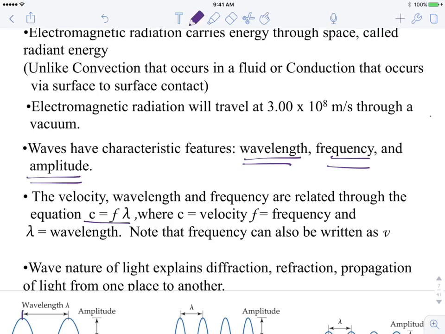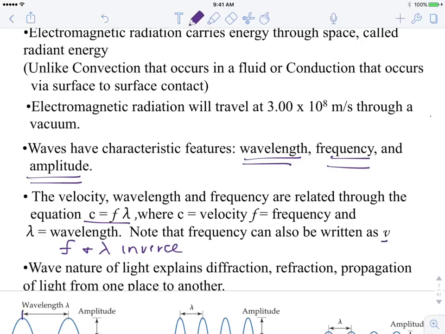And so c is the velocity or the speed of the light, f is the frequency, and lambda is the wavelength. You can also write frequency as this little script v here. But what's really important about this equation is that the frequency and the wavelength are inverse. As the frequency goes up, the wavelength goes down, or vice versa.